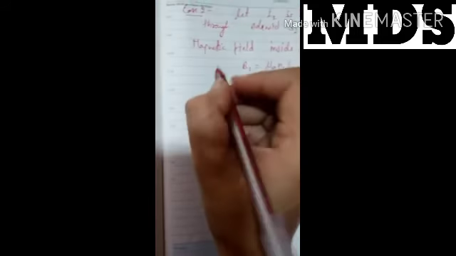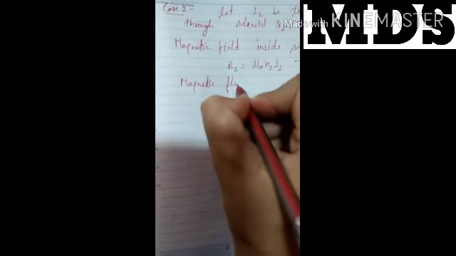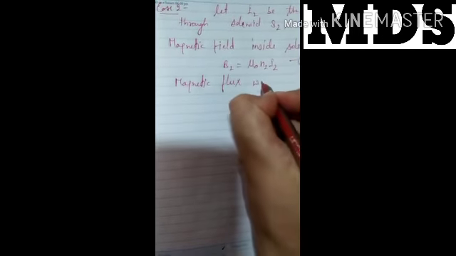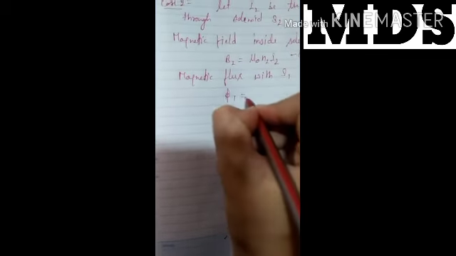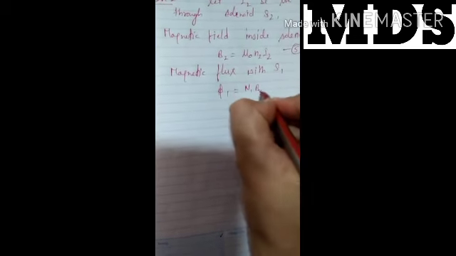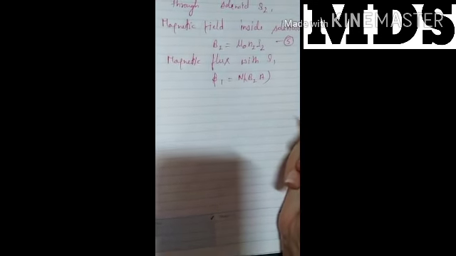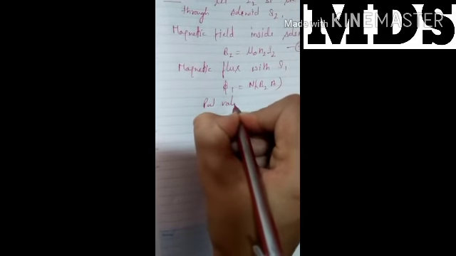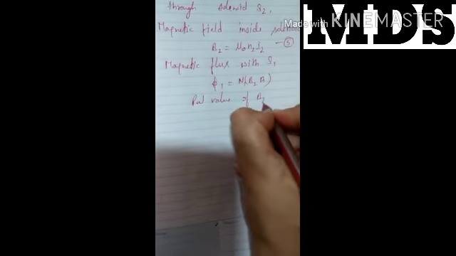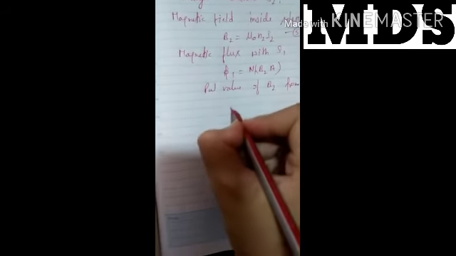So we can find the magnetic flux with S1: phi 1 equals N1 B2 A. Now put the value of B2 from equation 5.